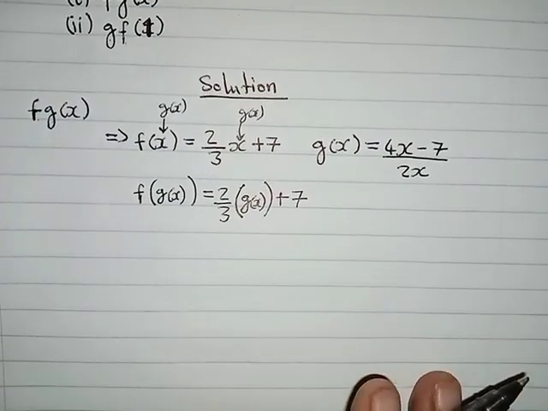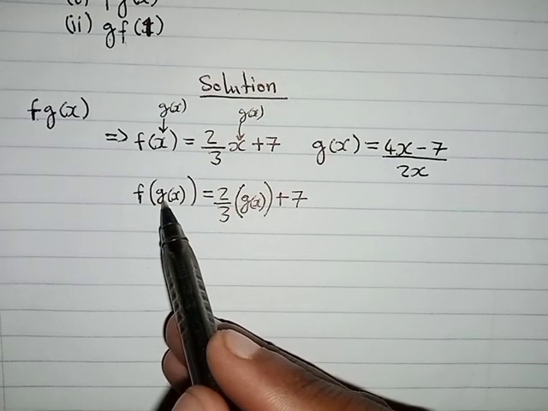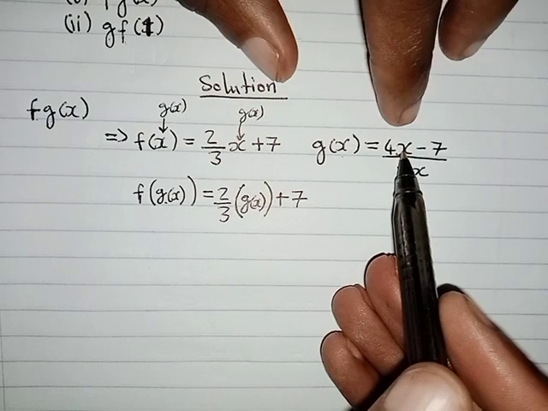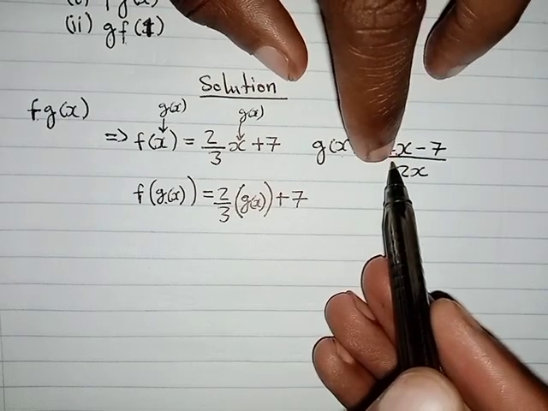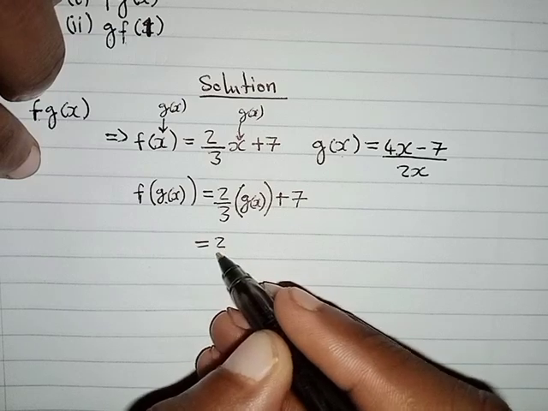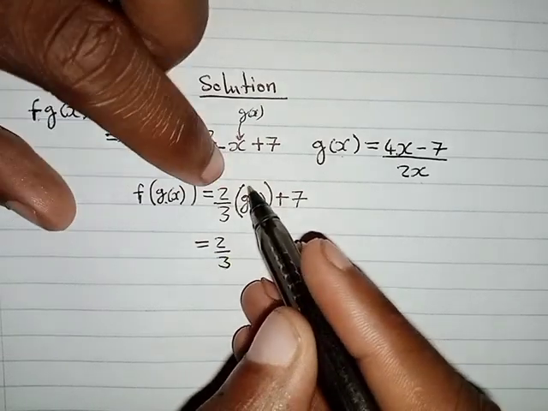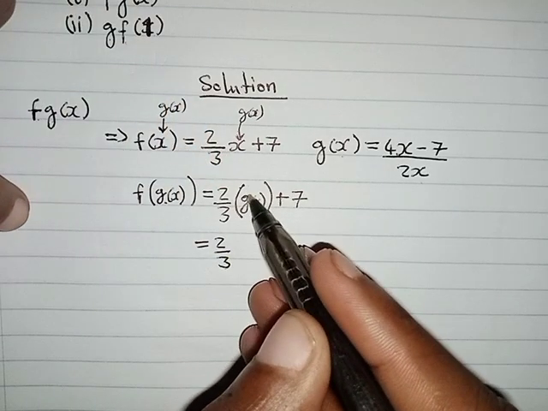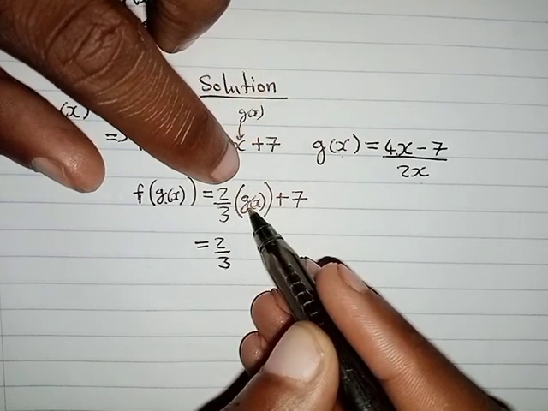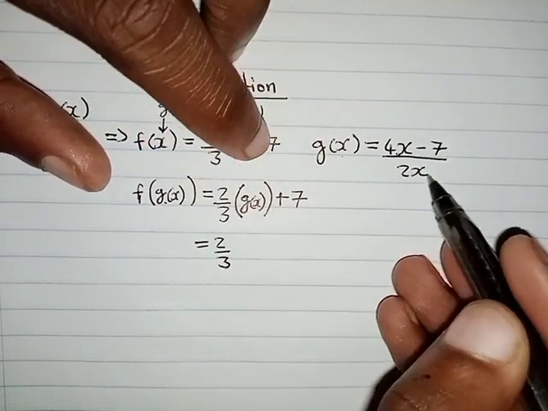This looks nice. Now, g of x is just a notation. The actual g of x is 4x minus 7 over 2x. So in our statement, we're supposed to remove the g of x and replace it with the actual function, 4x minus 7 over 2x.